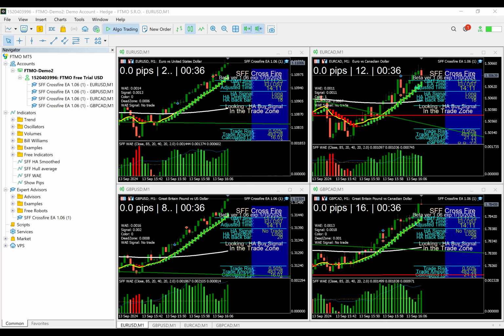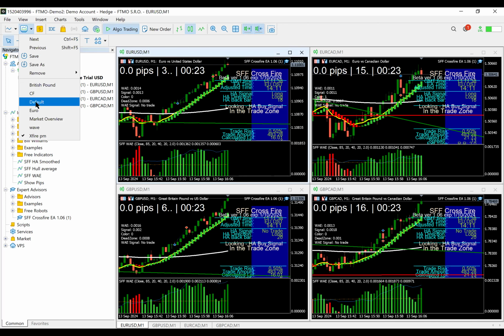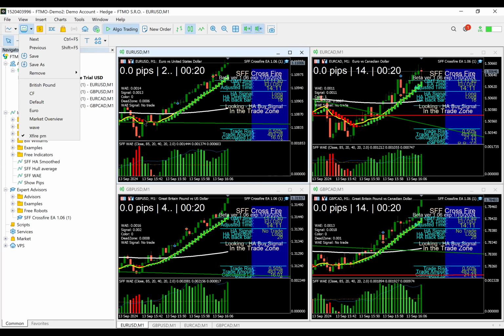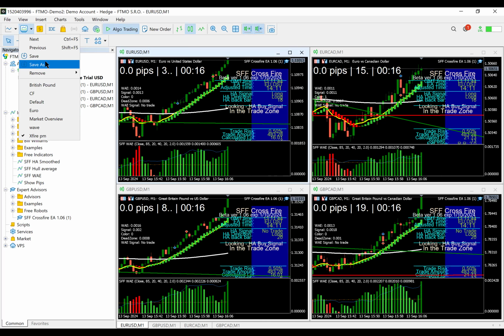And I discovered that I need to rename them, but I can close that. There we go. So profiles, manage profiles, and you set them up, and then you can save. Oh, look, there's a save as option there. Yes, sorry, I didn't see that earlier. Yep, brilliant. Thank you.